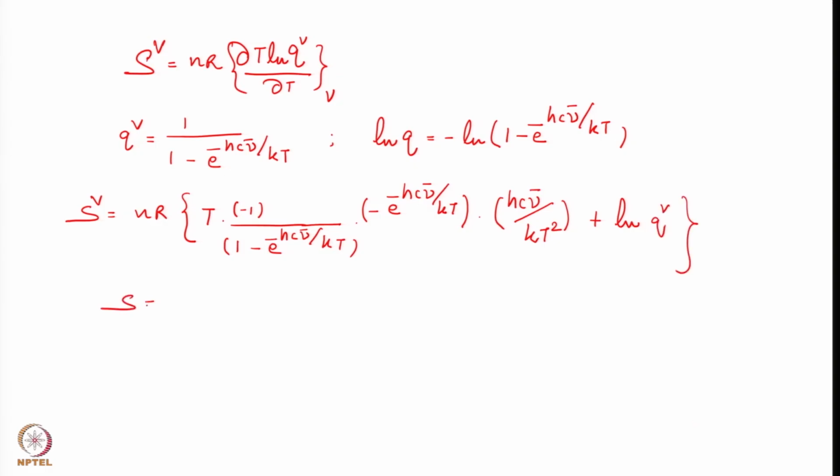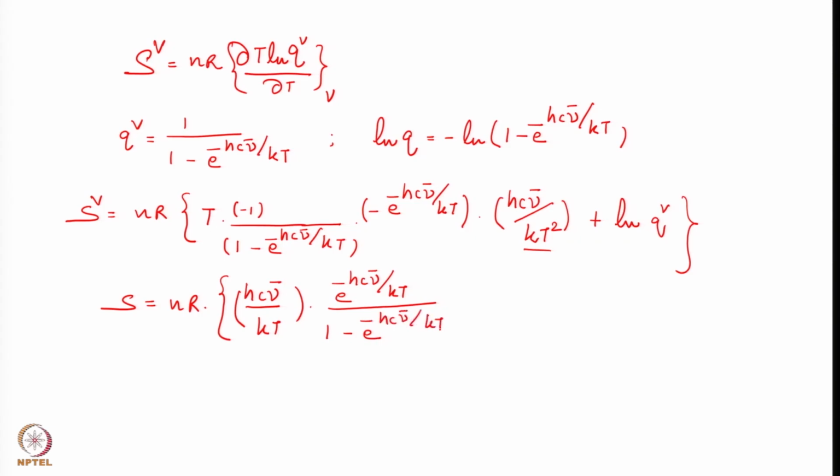Let us combine now. S is equal to NR into hc nu bar by kT, that is coming from this term and this term, and then I have into exponential minus hc nu bar by kT divided by 1 minus exponential minus hc nu bar by kT, and log Q we already have, it is minus log of 1 minus exponential minus hc nu bar by kT.